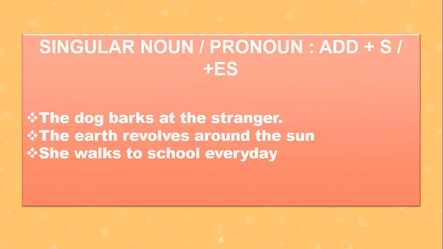When we are forming the verb using a singular noun or pronoun, we have to add s or es. Look at the sentence here. Can you see this? The dog barks at the stranger. Now the dog is a singular noun, right?